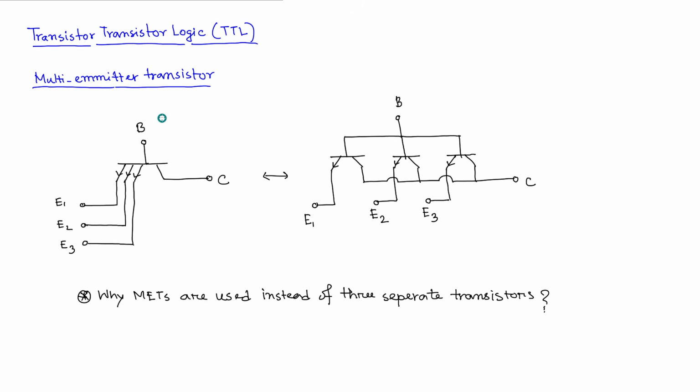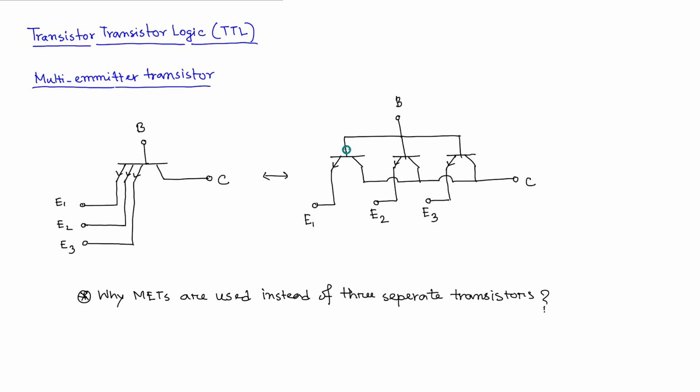Basically, the figure you can see here is an example of multimeter transistor. It looks generally like a transistor. It has one base and one collector, but it has three different terminals for emitter, E1, E2, and E3. If you want to structurally understand internally how it works, the architecture, it is basically just like connecting three transistors like this.